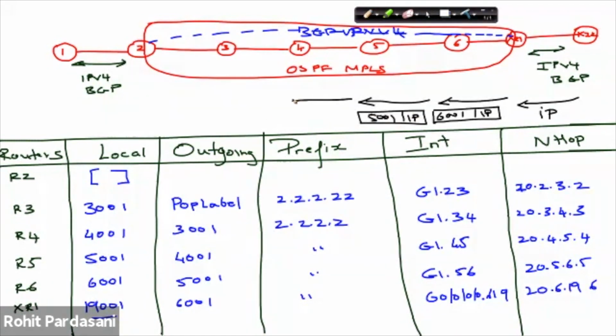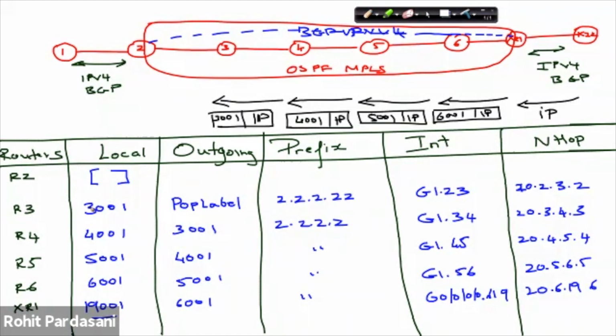R5 does exactly the same thing, swaps the label, IP, 4001. R4 does the same thing, IP, and this would be 3001. When R3 gets an MPLS labeled packet 3001, what does he see?